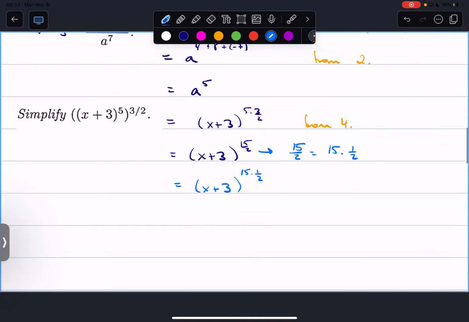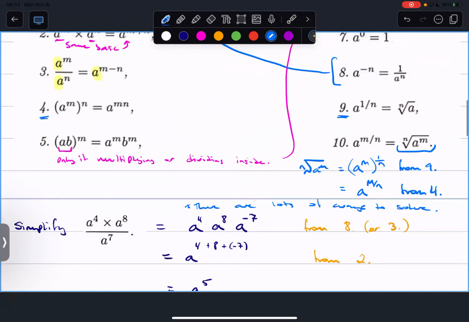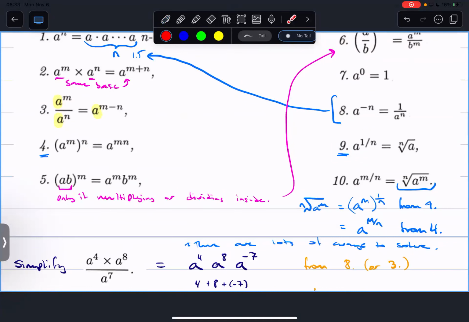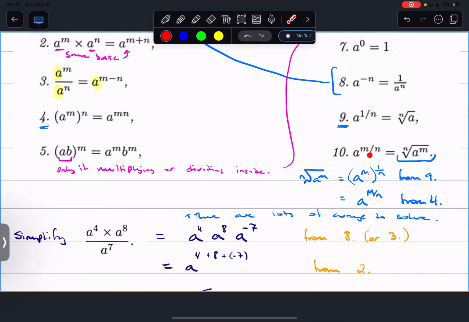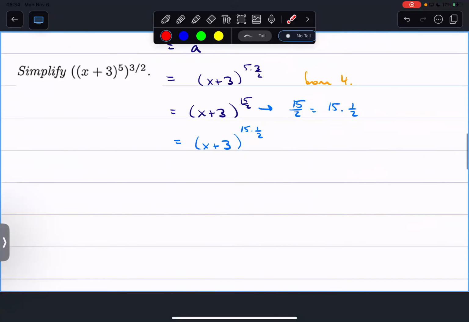From here I can go straight to the root, but technically what we're doing is splitting up a to the power of 15 times 1/2, the brackets, and then the square root of a to the power of 15, where a is x plus 3.